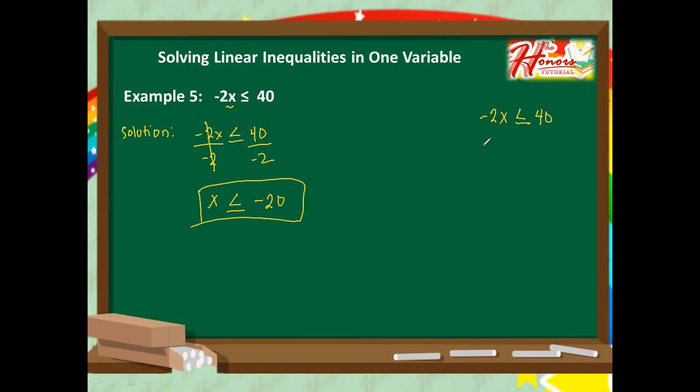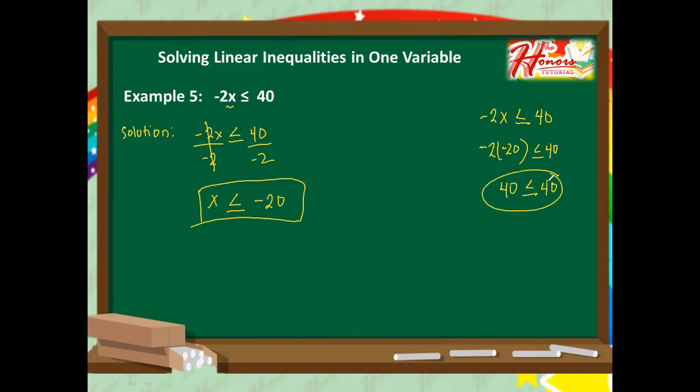So let's have negative 20. So negative 2 times negative 20 is less than or equal to 40. Negative 2 times negative 20 is positive 40 because negative times negative is positive and 2 times 20 is 40. So less than or equal to 40.